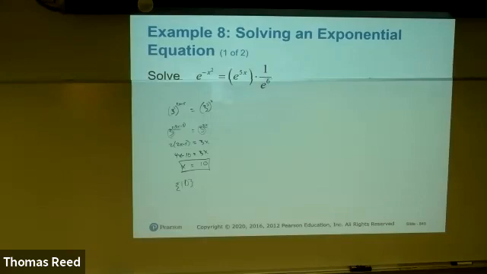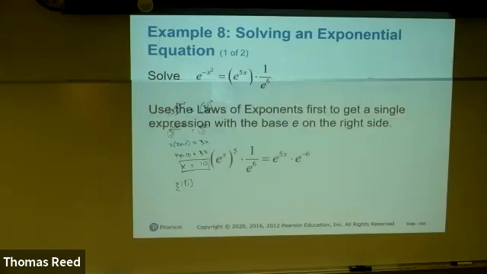to some power, not two different e's to some powers. So we rewrite 1 over e to the 6th power. We can write that as e to the negative 6.